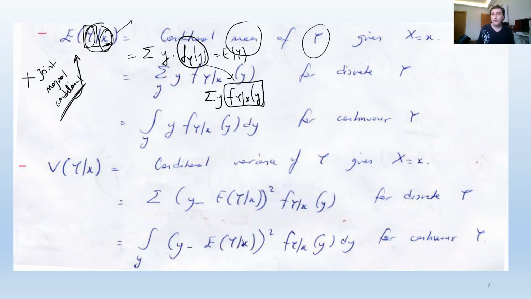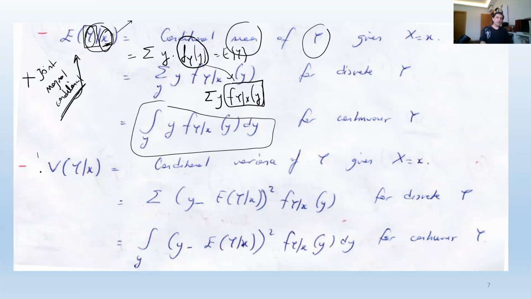Therefore, you weight each y value with this new weighting function. And when it comes to the continuous case, it's the very same idea. You integrate with respect to the conditional probability density function.